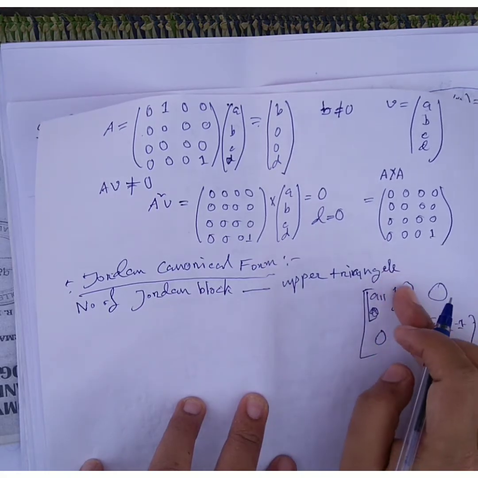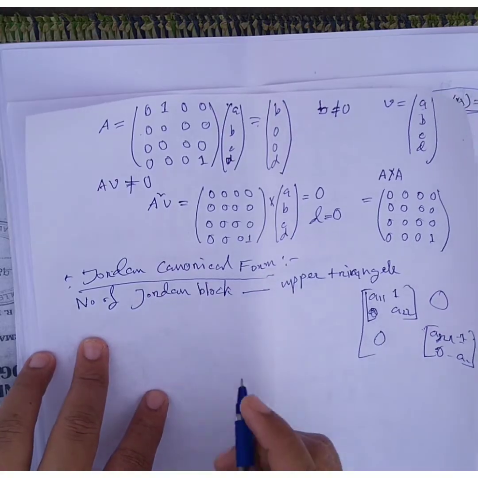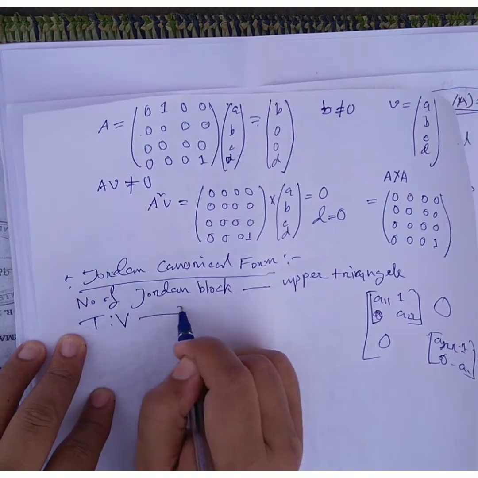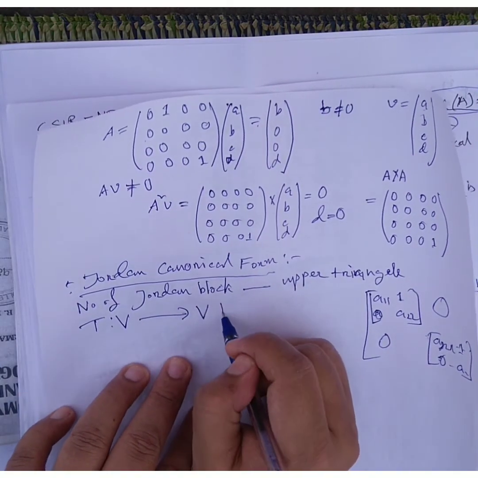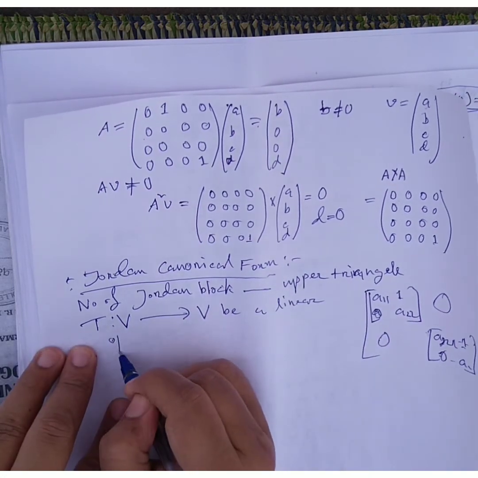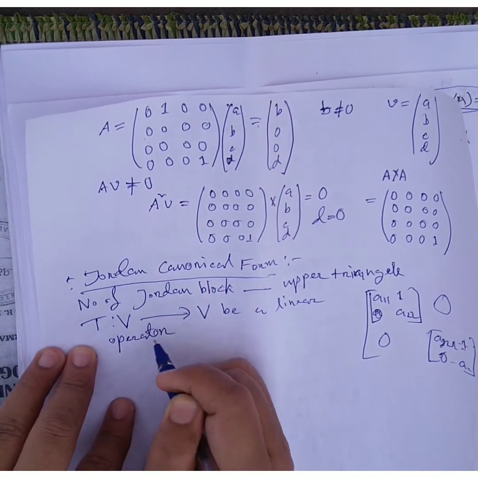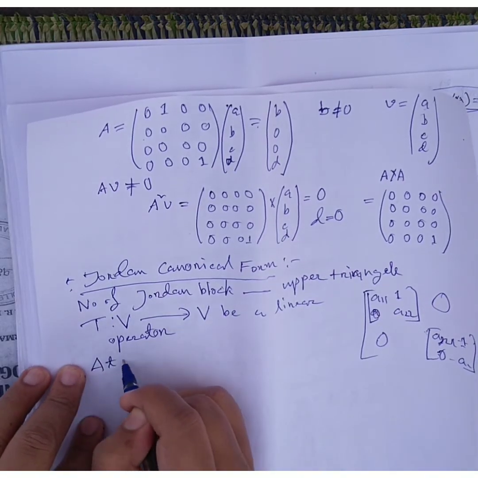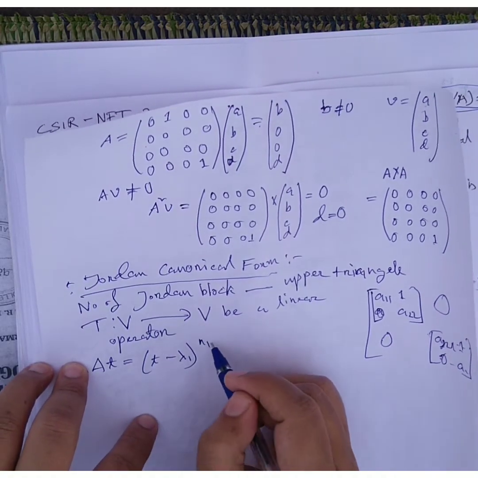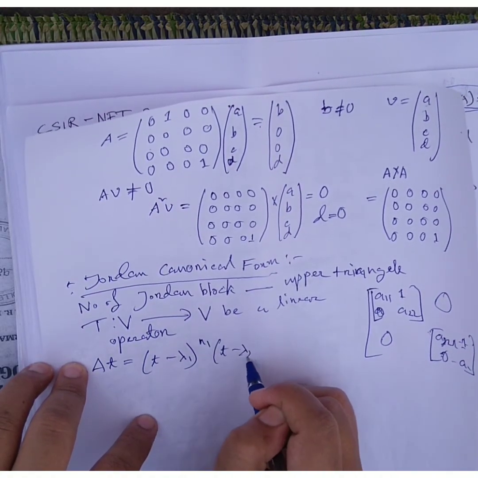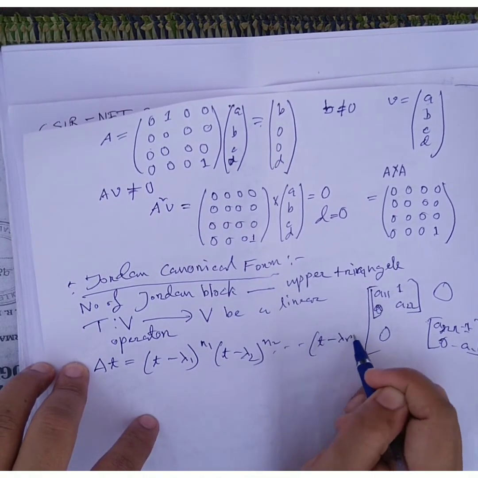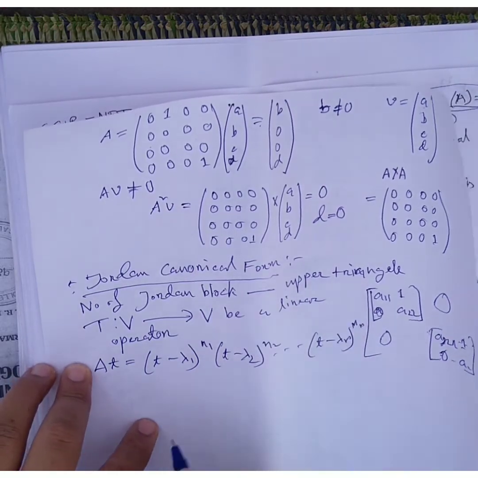Jordan block can be like this, the one upper triangle. Let T be a linear operator, V to V, where del T is equal to (T minus lambda 1) whole to the power n1, (T minus lambda 2) whole to the power n2, and (T minus lambda r) whole to the power nr.